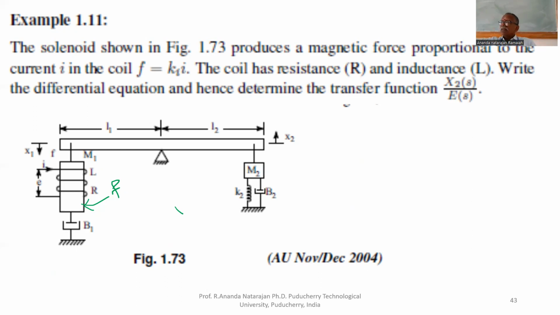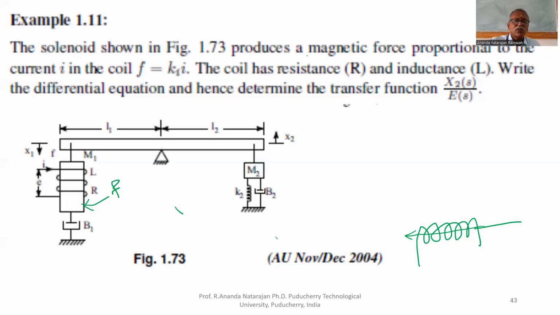If you put any iron outside that coil, parallel to it, the iron will move inside automatically because of the force developed by the coil. The permeability of iron is about 800 times that of air, that's why it moves inside.